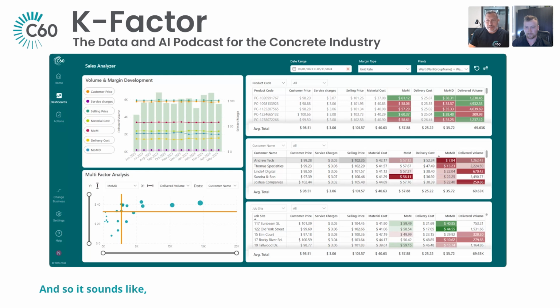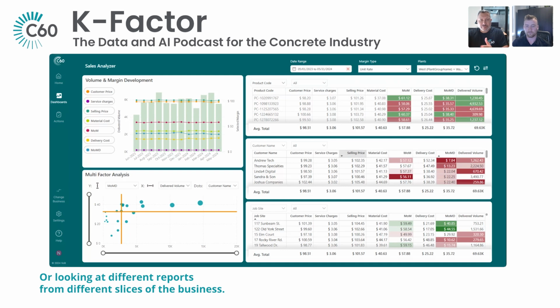And so it sounds like the way you're describing this, you went from a process where you were gathering all this ERP data, or looking at different reports from different slices of the business. Maybe it's different modules, you're looking at stuff out of QC, or getting some material information out of batch reports, and looking at some dispatch reports.